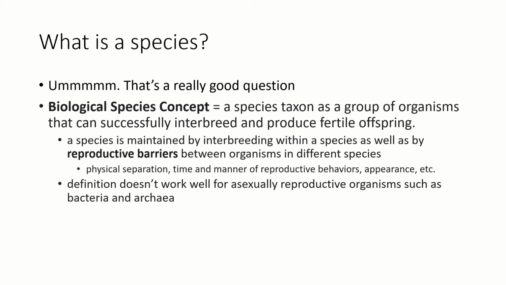But that doesn't make sense. But also, if you reproduce asexually, then by definition, you have reproductive barriers because you don't interbreed. So see, it does not work for bacteria. Bacteria, archaea, protists that reproduce asexually, it's just not a very helpful definition.